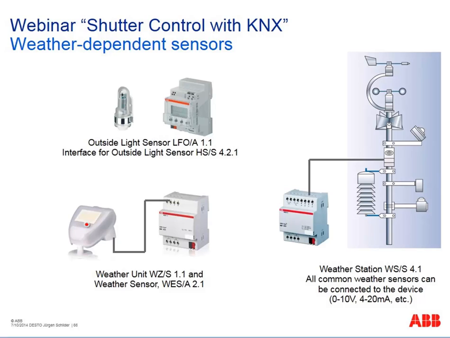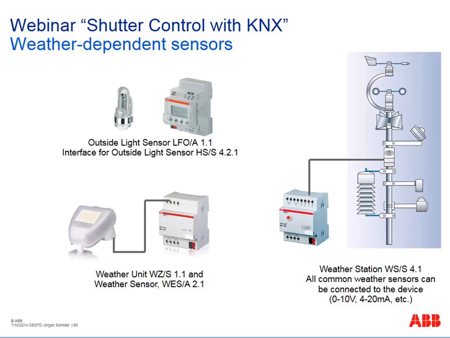A further option, very often used in residential projects. And if you need a special solution regarding sensors, you see here our weather station 4.1, WS/S4.1. It's in principle an analog input with 4 channels and a special software which allows you to connect any conventional weather sensors which have such an analog signal, like 0 to 10 volt or 4 to 20 milliampere.